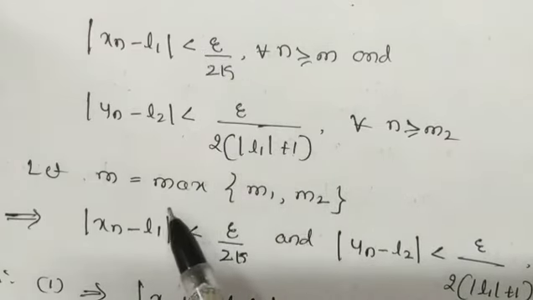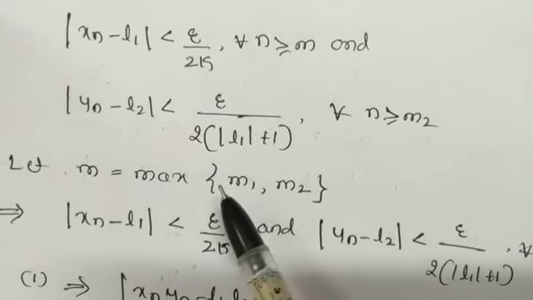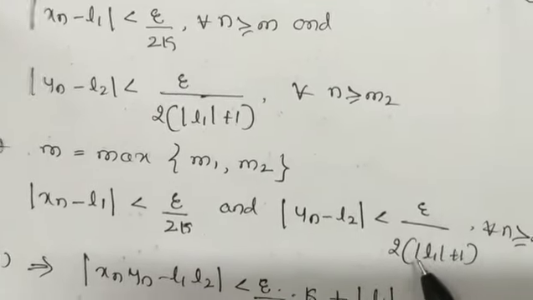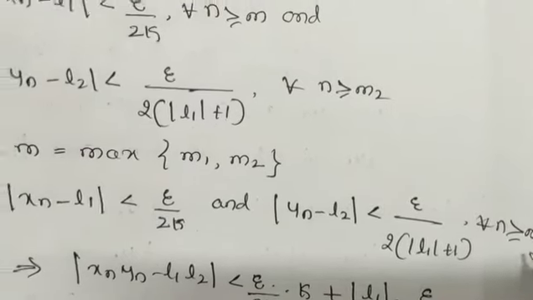So let us take m as the maximum of m1 and m2, and this implies mod xn minus L1 is less than epsilon by 2k and mod yn minus L2 is less than epsilon divided by 2 into (mod L1 plus 1) for all n greater than or equal to m.